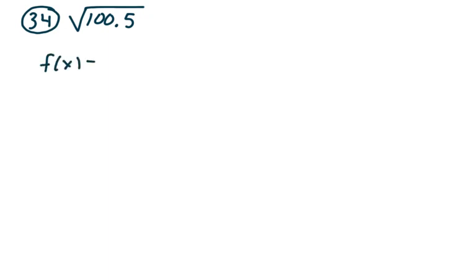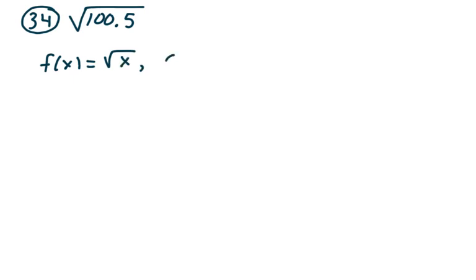Now, let's take a look at problem 34. Suppose I want to approximate the square root of 100.5. Now, my suitable choice for f of x is going to be the square root of x.